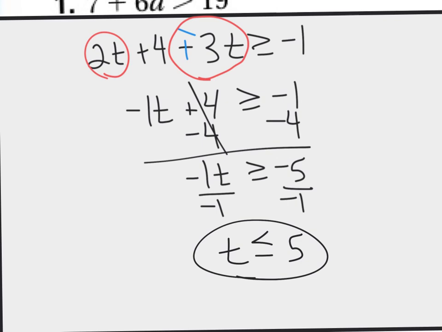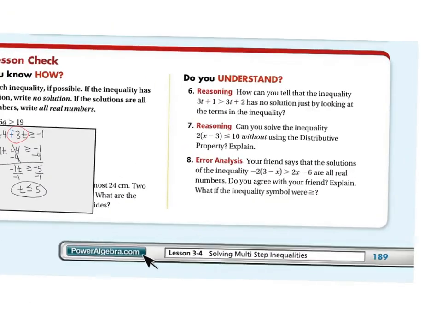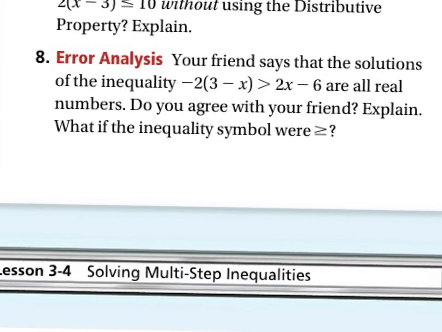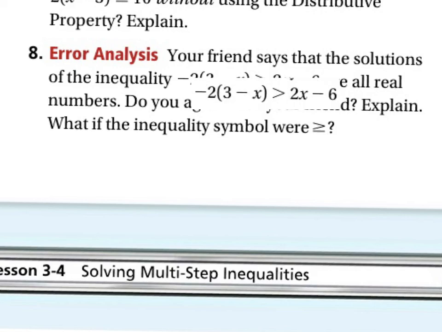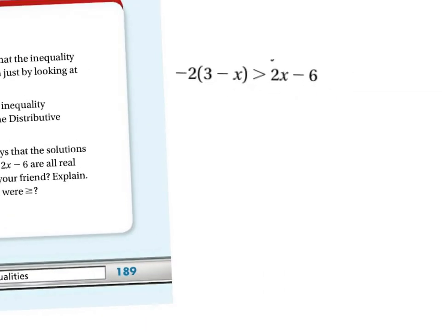And then let's go ahead and look at number 8. Your friend says the solutions of the inequality listed here are all real numbers. Do you agree with your friend? And explain. So let's just take this off to the side here and work through it.